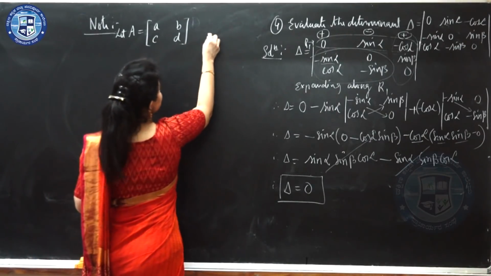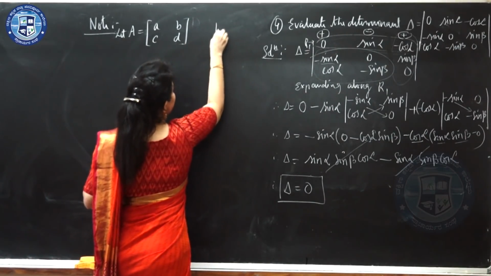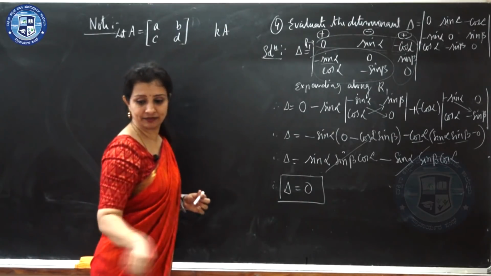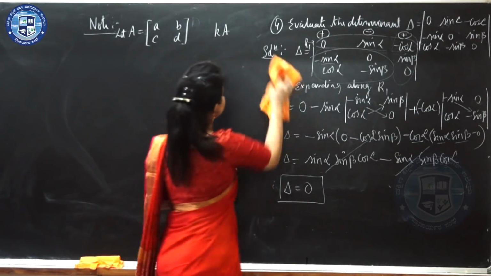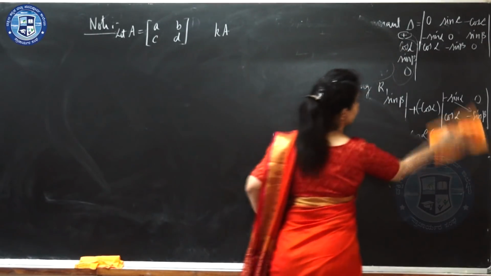Now, what is the value of K into A, where K is a constant? We take K as a constant. What is the value of K into A? How will you get the value of K into A?